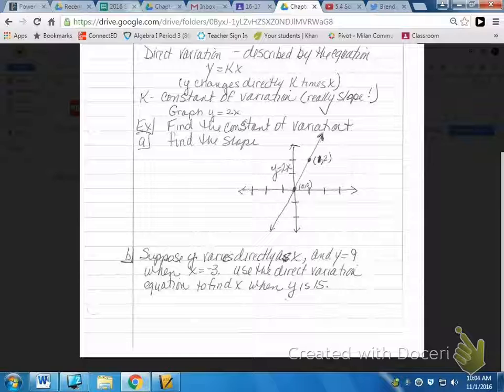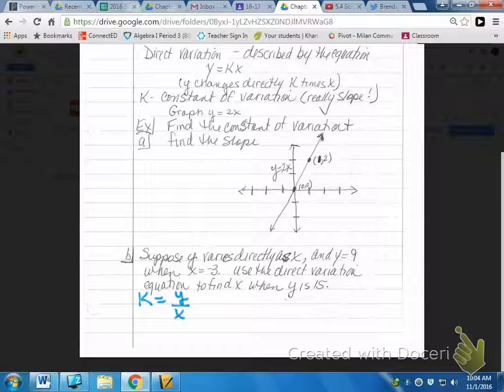Use the direct variation equation to find out x when y is 15. Here's what they're talking about now. So when we're talking about direct variation, we got to figure out about this k, right? k is how y relates to x.